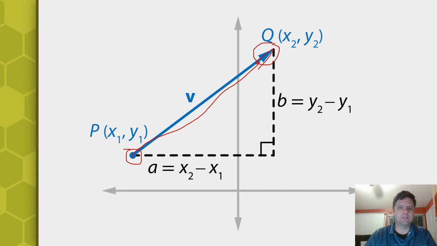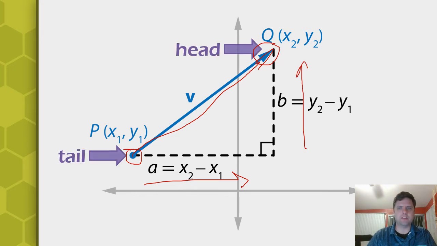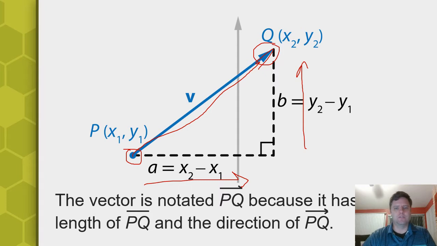Well, we could then give the measurement of how far this vector travels in the x direction and how far it travels in the y direction. So there's the tail and there's the head. So the vector is notated PQ because it has a length of PQ, but it has the direction of PQ ray.